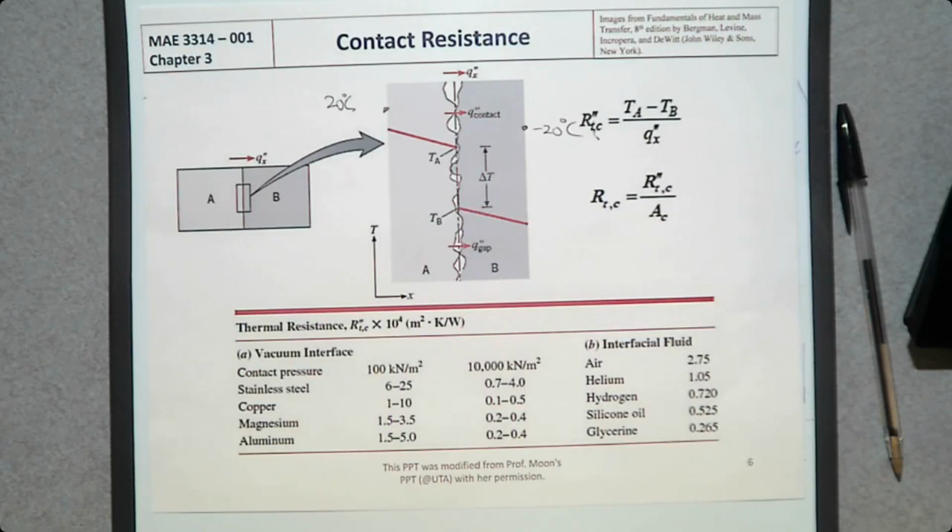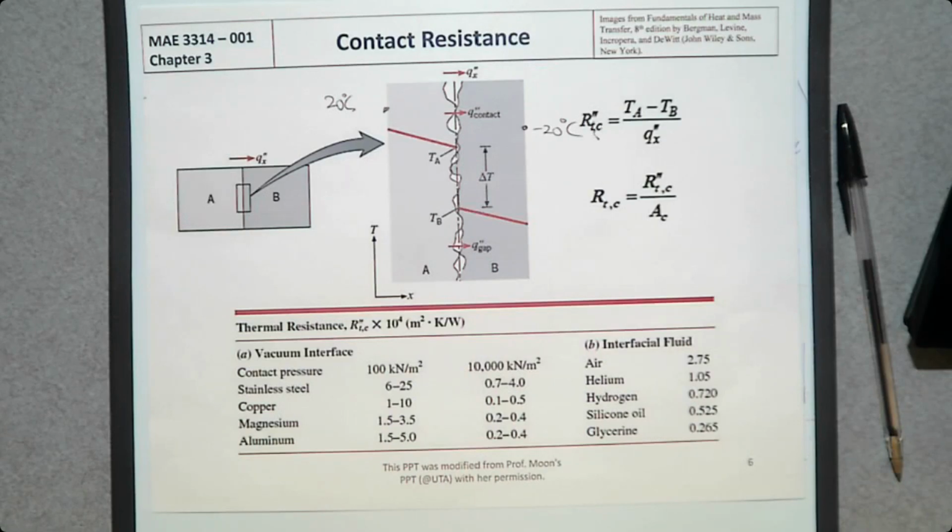Of course, if you need to consider contact resistance, then I'm going to provide this table so you can pick the number, make sure that the unit is correct, and then add it into your Q is delta T over R equation. Any question? So that's everything about thermal resistance network in Cartesian coordinate system.